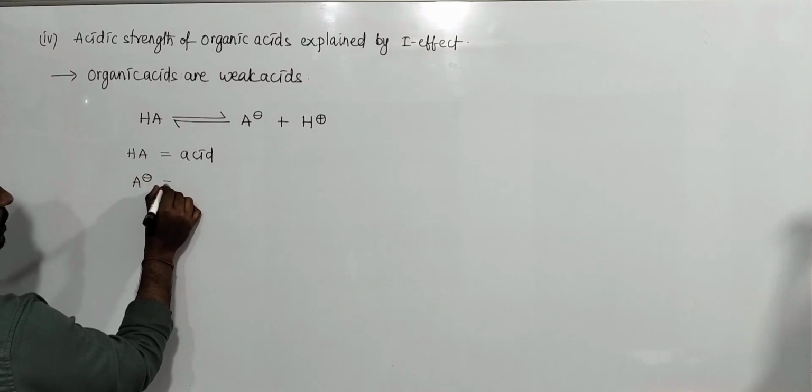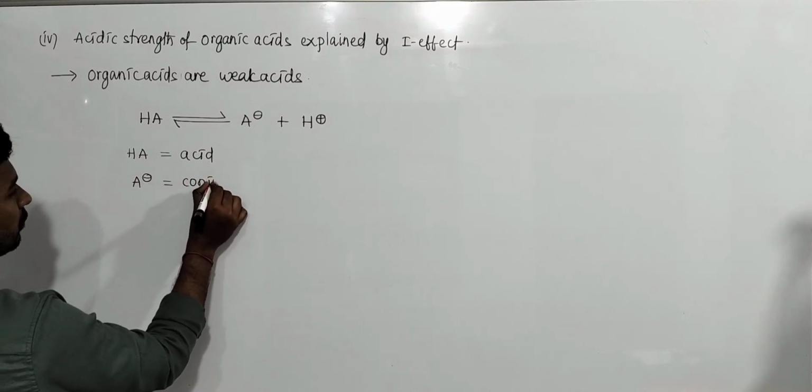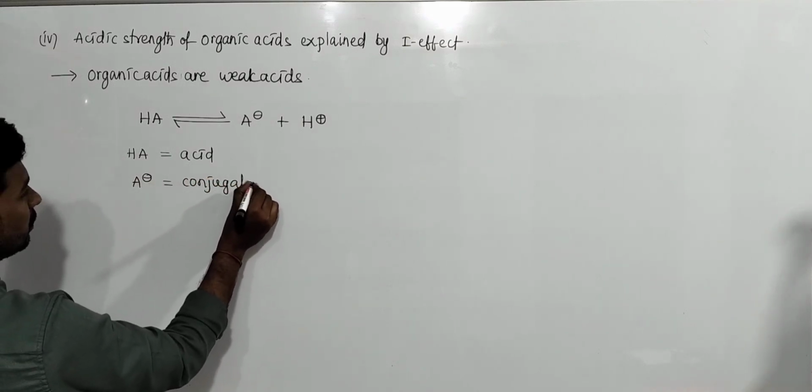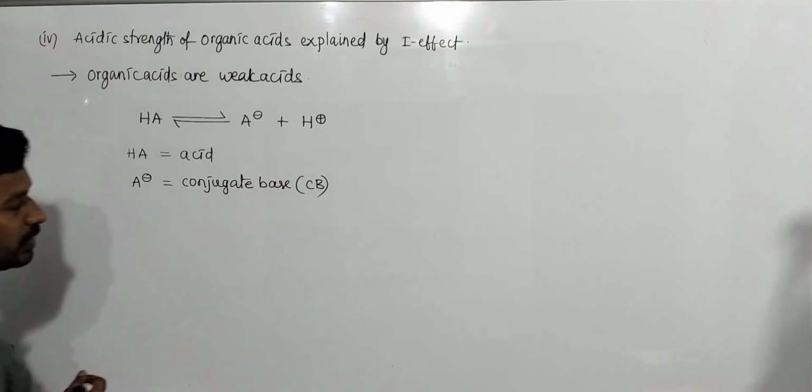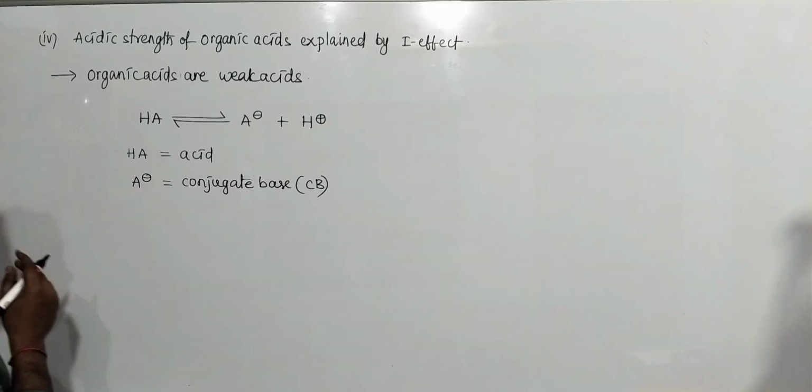A minus is the conjugate base of the acid HA, shortly CB. What is CB?